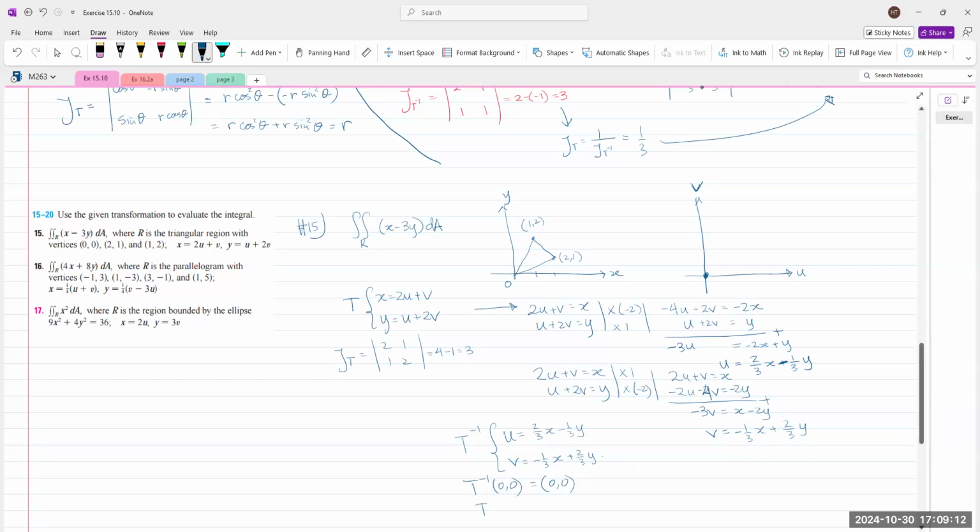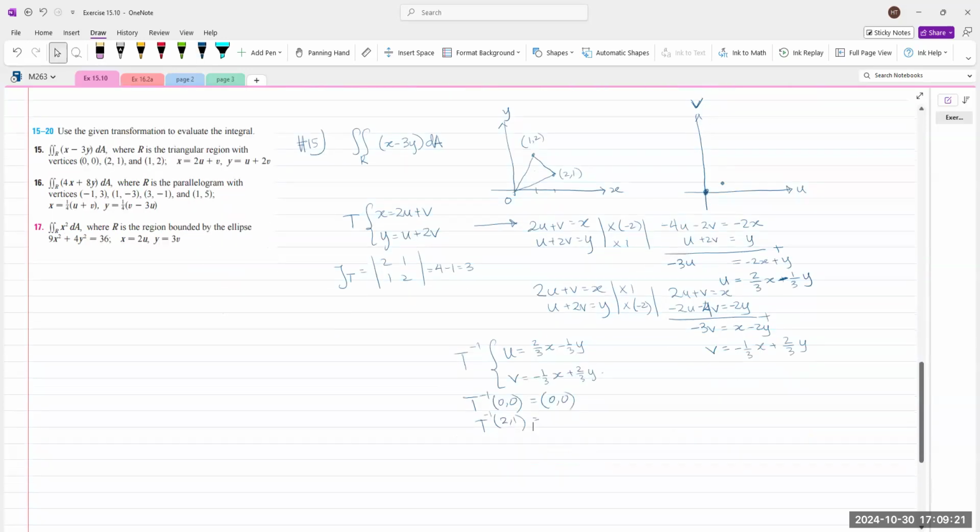Okay, when the xy is (2, 1), what happened to the u? (2, 1), that's 1, 0.